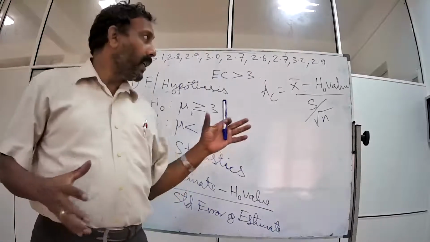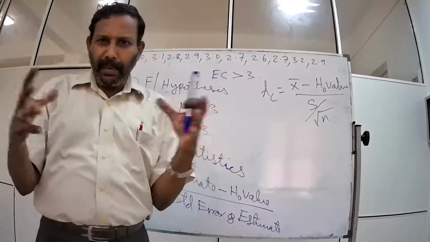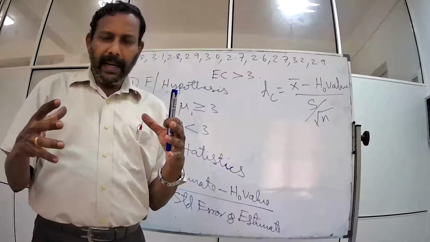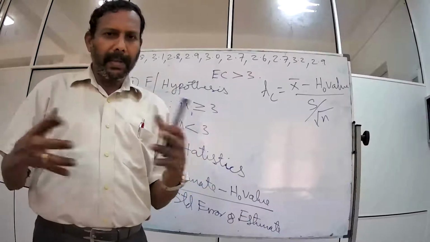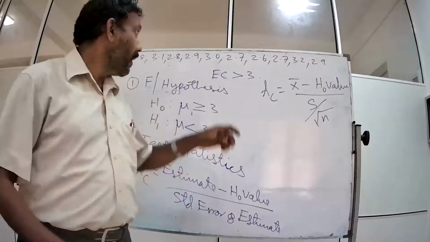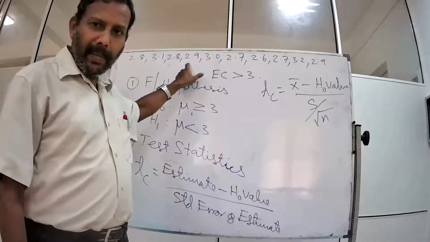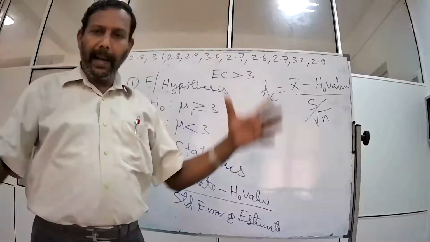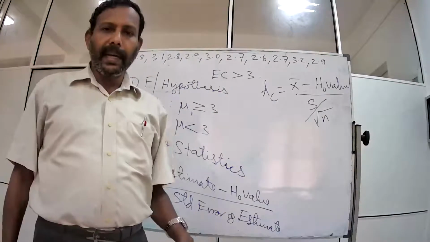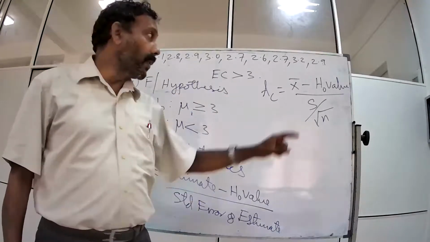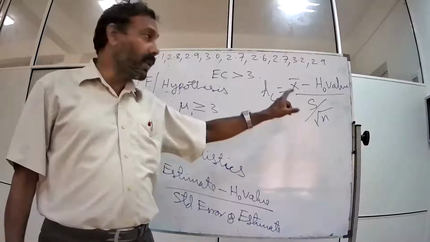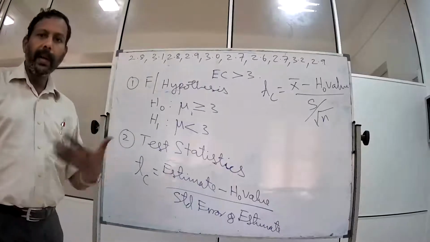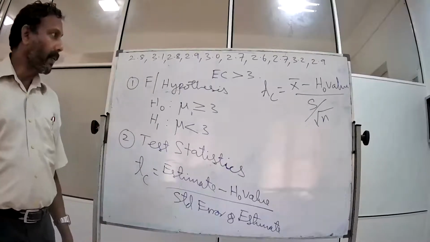Here the sample distribution is symmetric but not really normal. If the sample size is small, it is distributed as a T distribution. That is why we use the T distribution for the transformation.